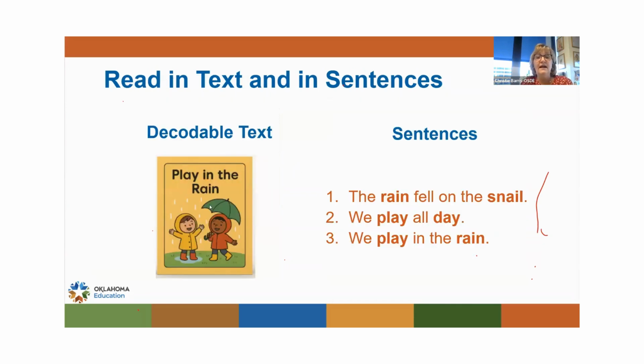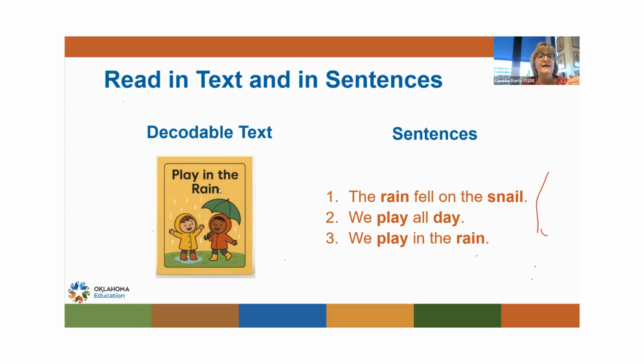We always want to get into some decodable text. I've linked a bunch of decodable text for you in your session and a guide. And then we're also going to use those in sentences, and we want them noticing or color coding those words that they found. The decodable text I linked for you are just printouts.